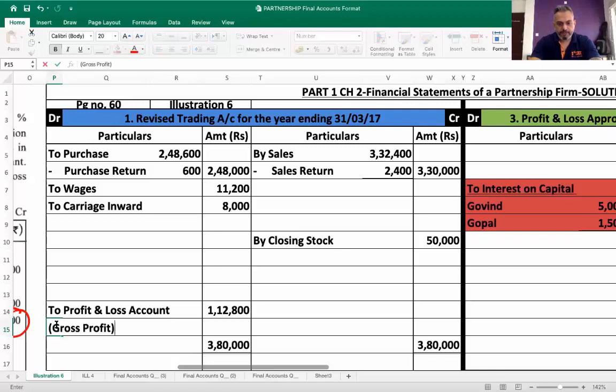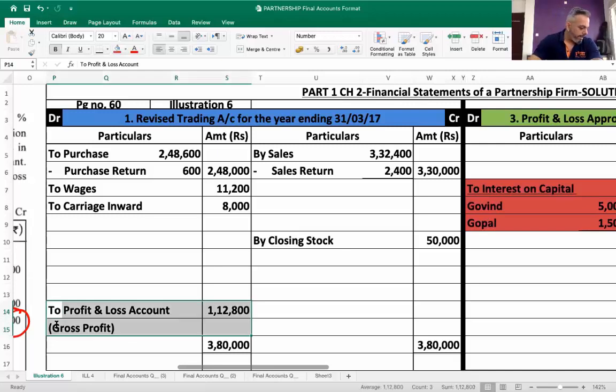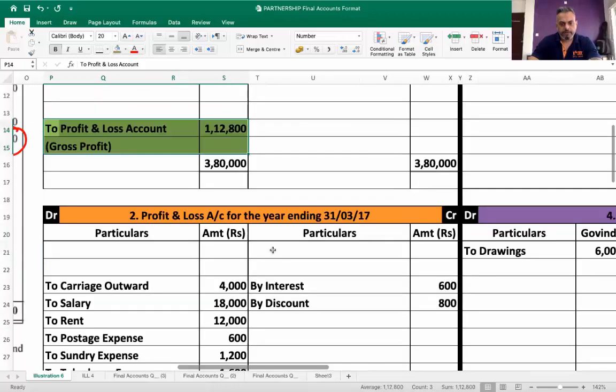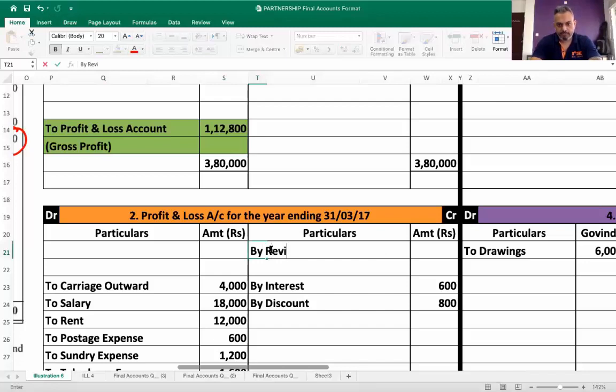Gross profit 1,12,800, that's right. We transfer it to the credit side of the profit and loss account by the trading account, or revised trading account, as gross profit.